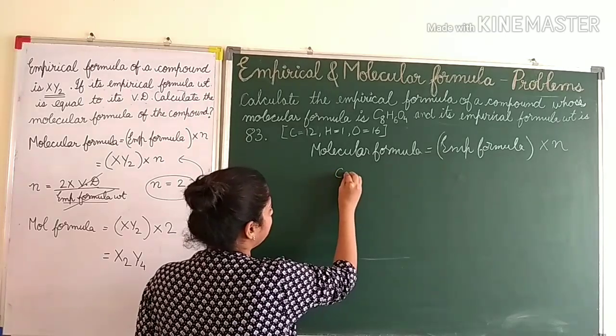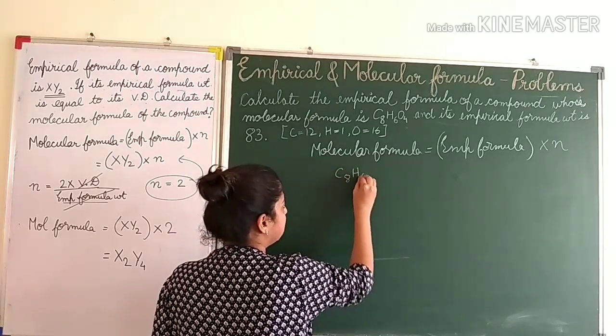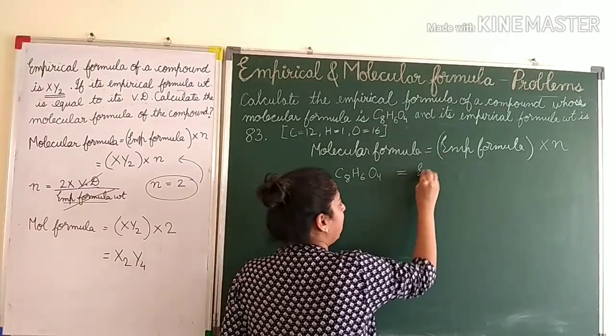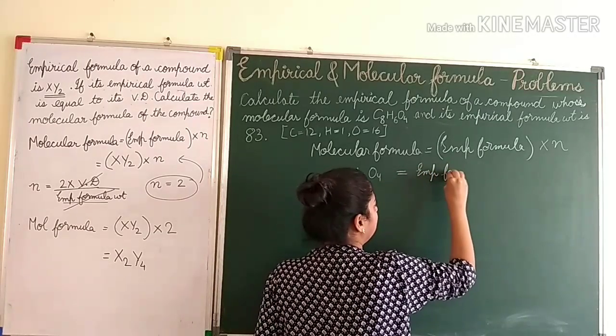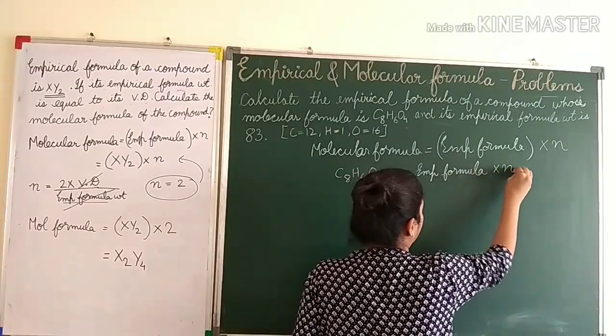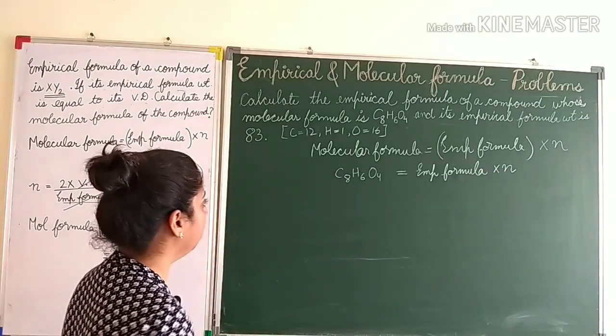The molecular formula is C8H6O4. This is given. We have to find the empirical formula, into N. Now children, how will we find N?